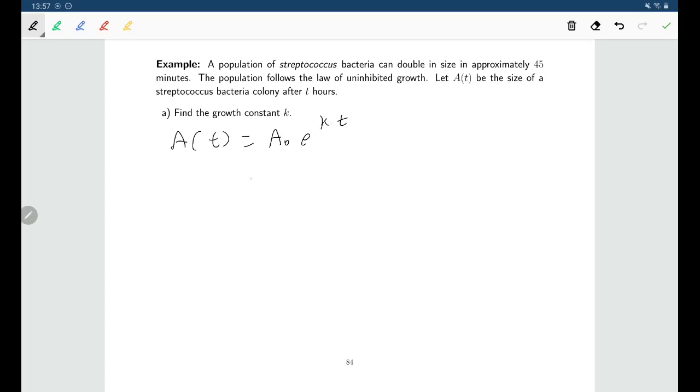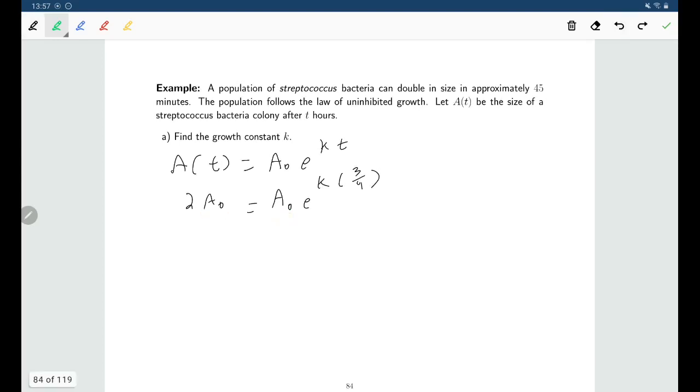And we know that we'll have twice the initial amount when time is 3/4. And so no matter what the initial amount is, I would be dividing both sides by it. So the fact that I don't know what the initial amount is, that's actually not a problem. Divide both sides by whatever the initial amount is, and I have 2 equals e to the 3/4 k.